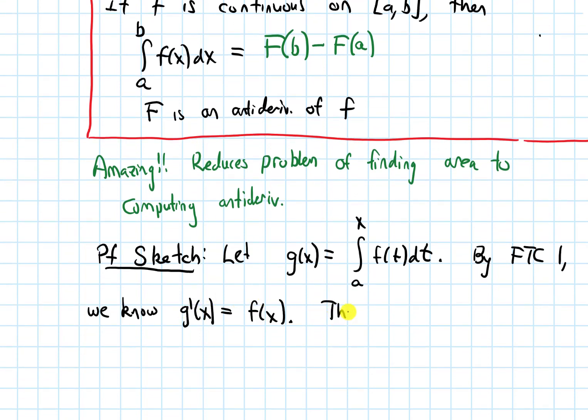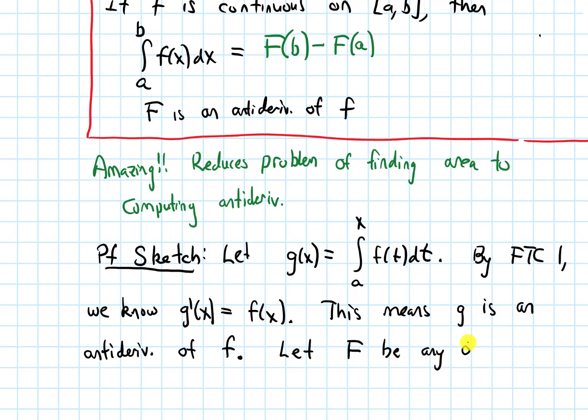This means that g is an antiderivative of lowercase f. All right, so what I'm going to do now is I'm going to let capital F be any other antiderivative of little f.